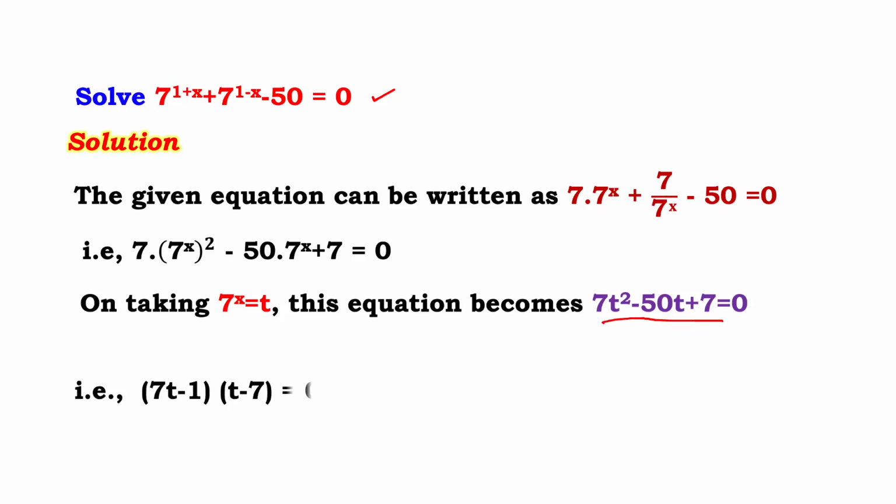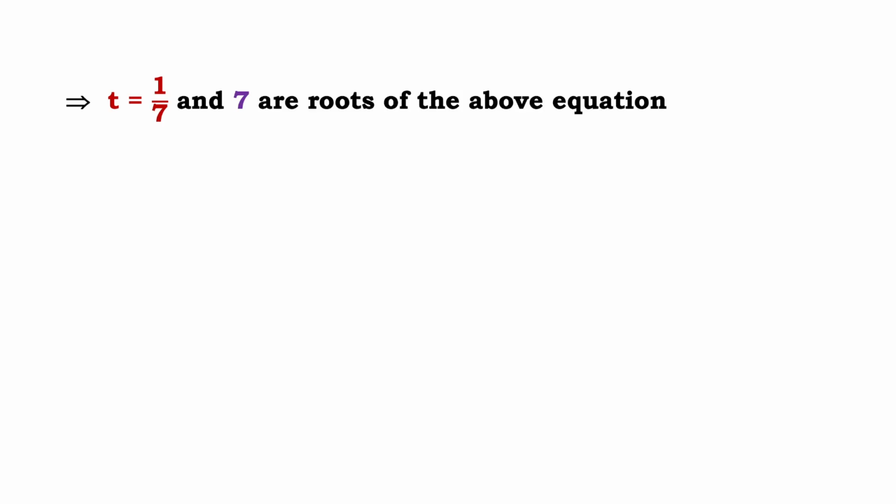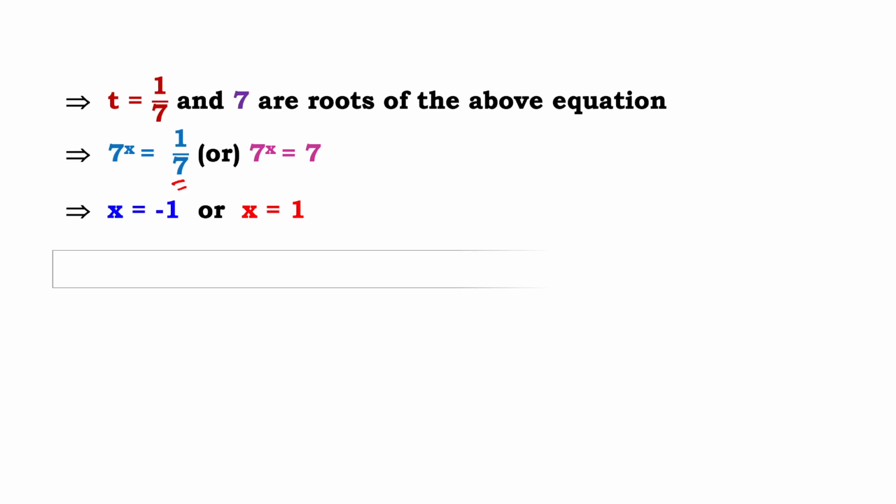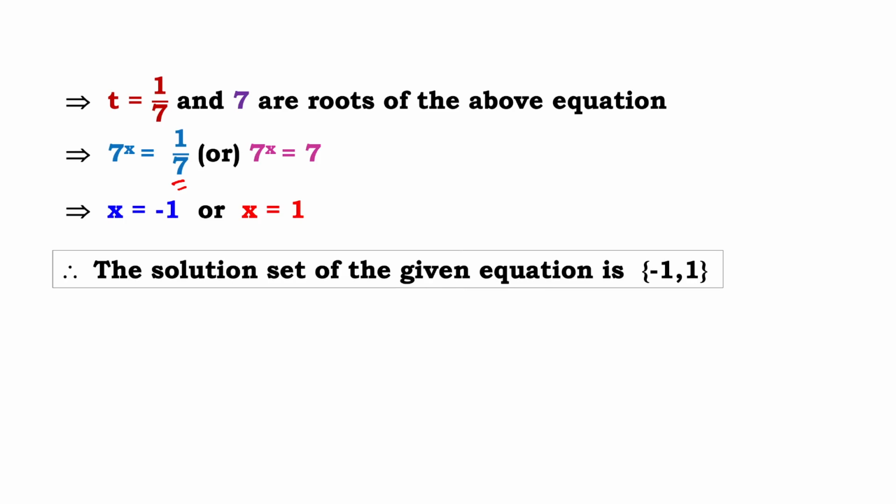One of the methods for quadratic is we can factorize this. After factorization, I'm getting two values, t is equal to 1 by 7 and 7. This we can equate with 7 to the power x, and we are getting one value as 1 and the other value as -1, because 7 to the power -1 gives 1 by 7. Two values we are getting, right? The solution set for this equation is -1 and 1, right?